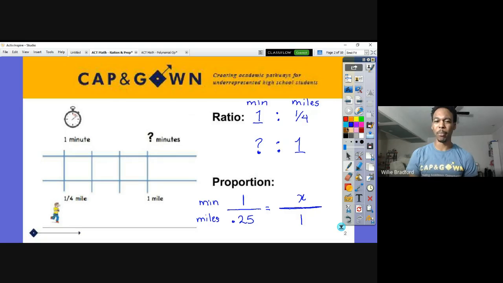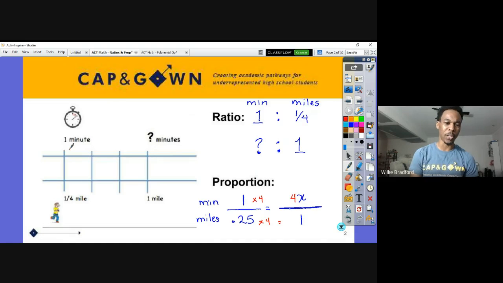Well, I can do the same thing in both of these to solve this. I can say, well, it takes me a quarter to make 1 mile, or 1 minute to a quarter mile. So if I multiply this by 4, that's how I get this quarter to equal 1. So I will do the same thing to the top and bottom. And this must be 4 minutes.